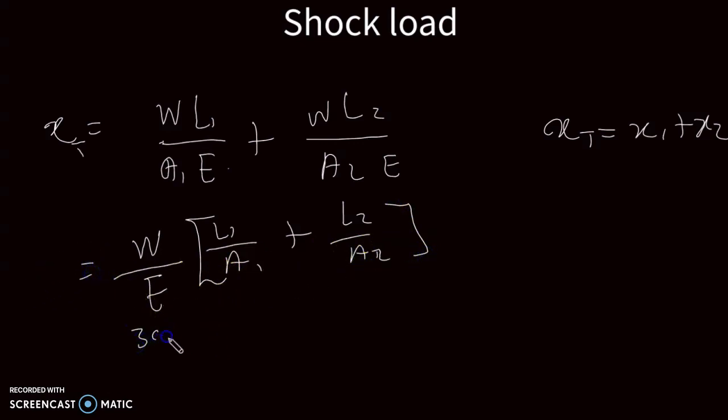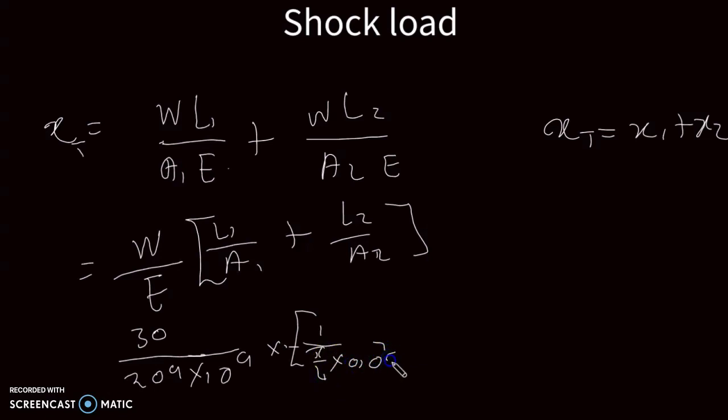It's 30 divided by 209 times 10 to the power of 9 times length number 1, which is 1, divided by pi divided by 4 times 0.05 squared.